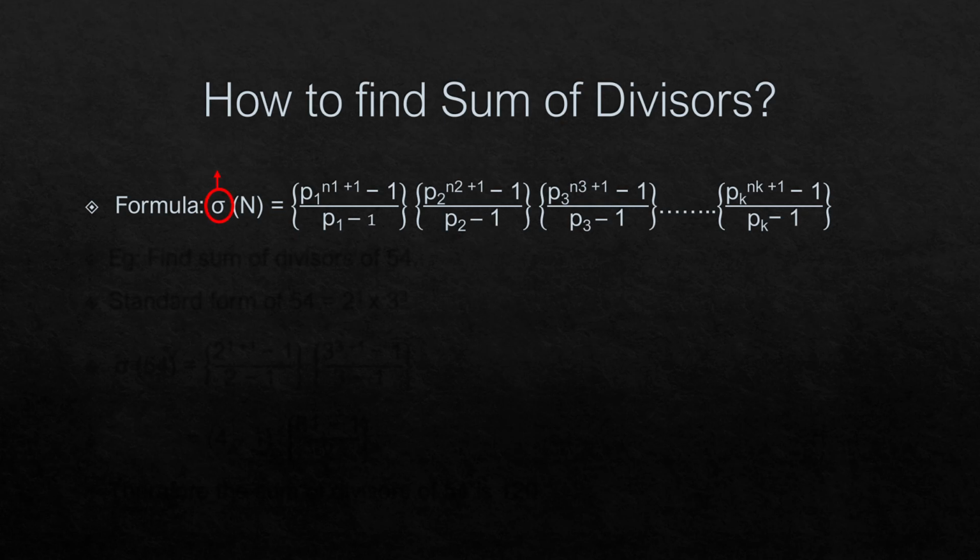Here this symbol stands for sigma. Now we'll take one example to find the sum of divisors of 54.